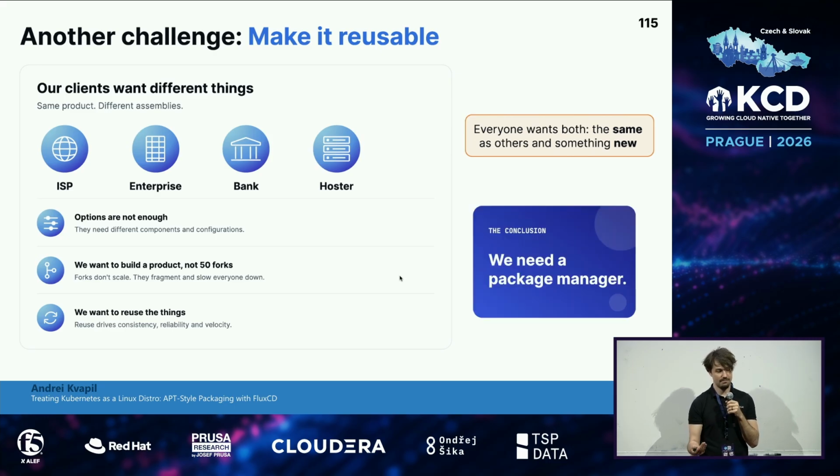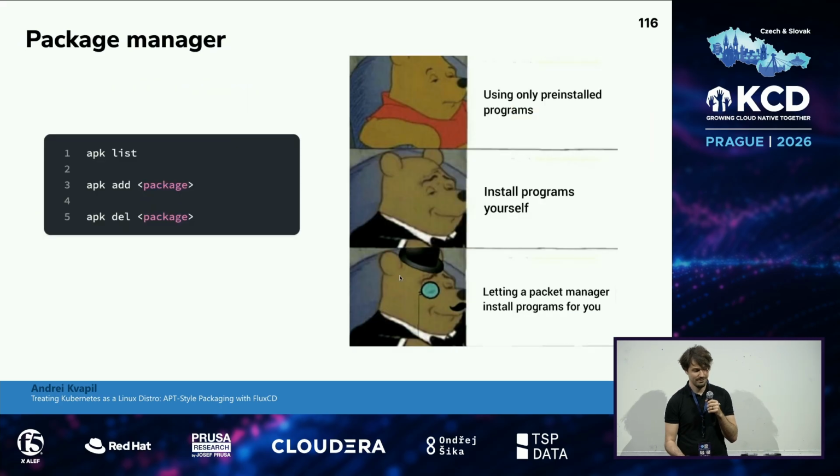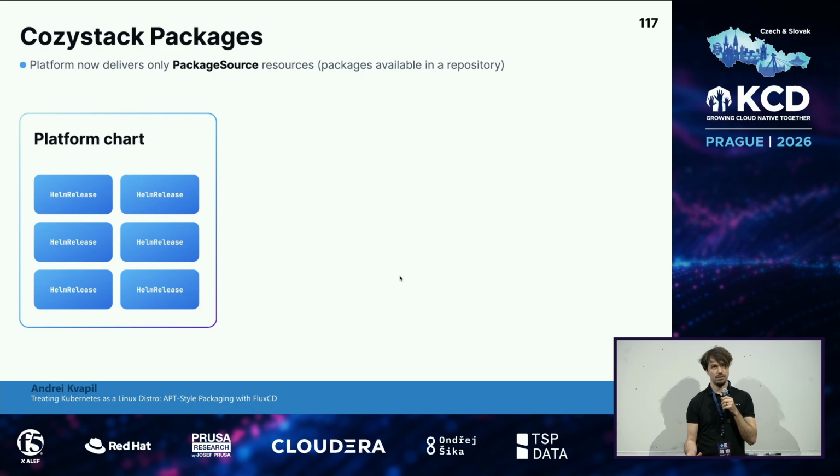At this time we got the idea that we need a package manager, just like in any ordinary Linux distribution. I got inspired by Alpine Linux because it has a really simple interface for installing and removing packages, and we decided to repeat it at the Kubernetes level.